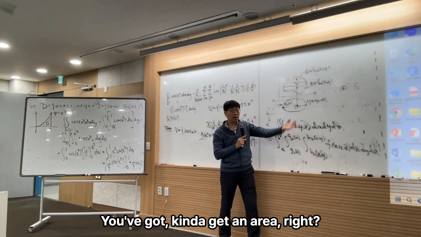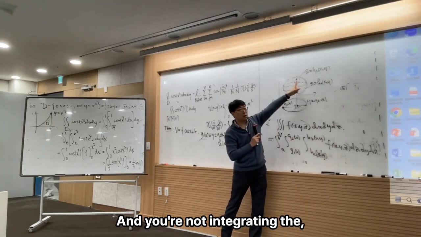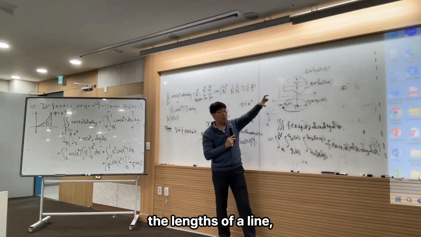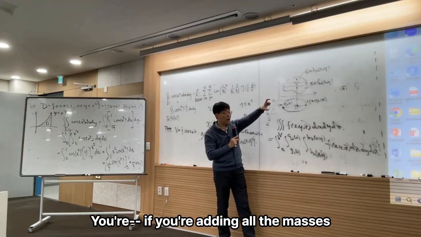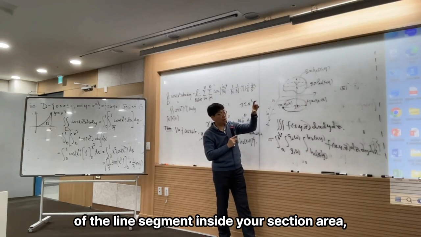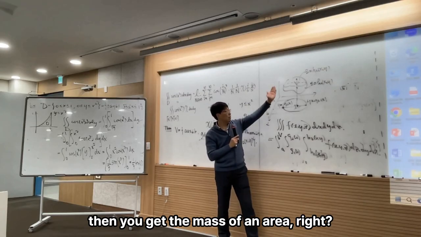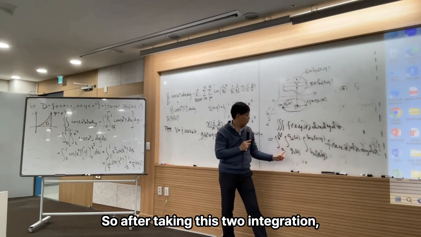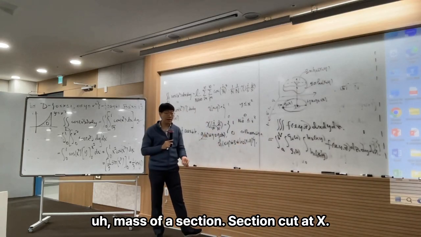You kind of get an area, right? And you're not integrating the length of a line, you're integrating the mass of a line segment. If you add all the masses of the line segments inside your section area, then you get the mass of an area, right? So after taking these two integrations, you get the mass of a section.